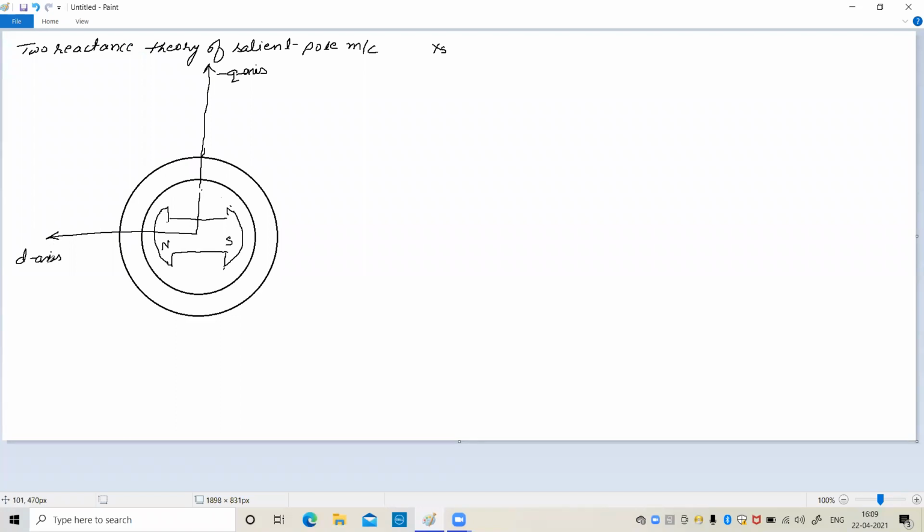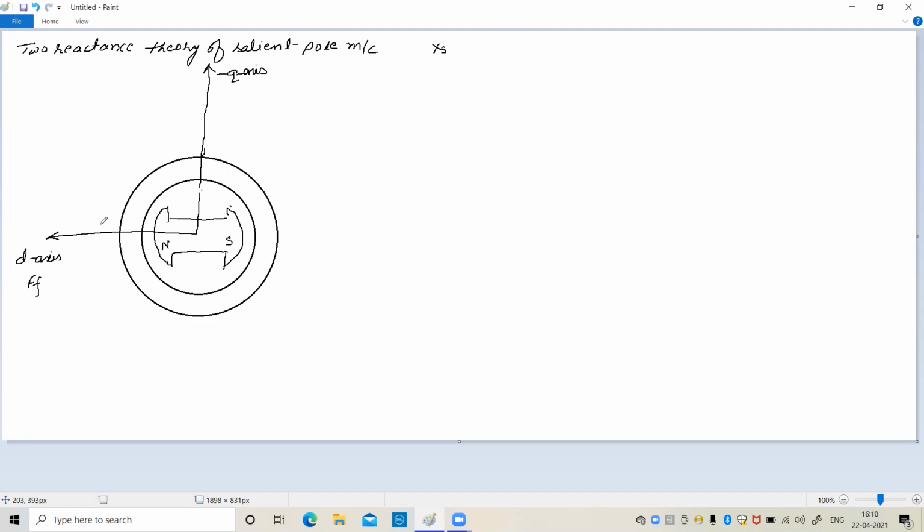So we can say that the direct flux FF is the flux produced by the main field winding, and the flux, or you can say the field MMF, is always along the direct axis. Now we want to resolve this in such a way that there would be some flux along the direct axis as well as the quadrature axis.